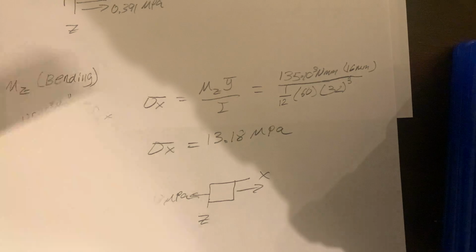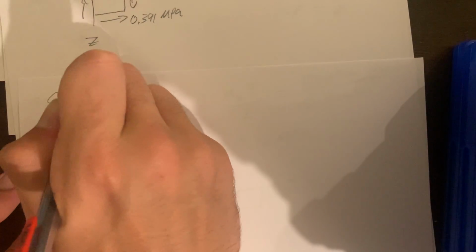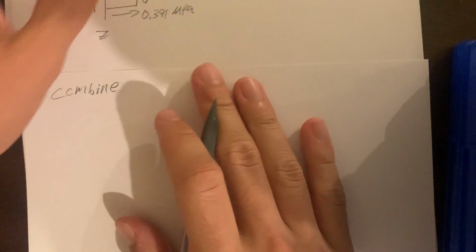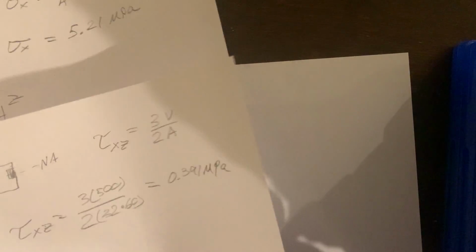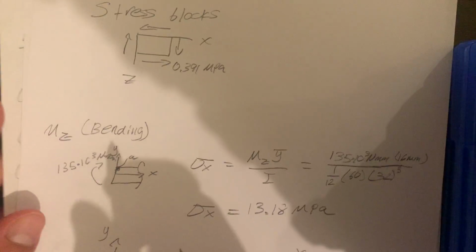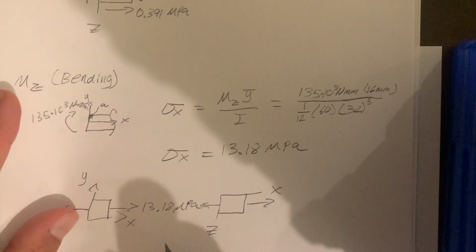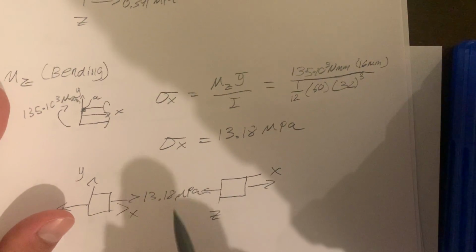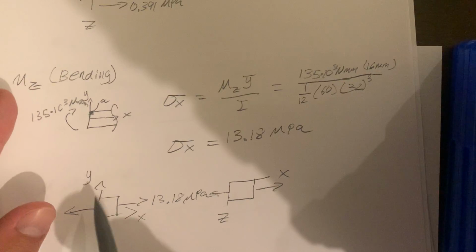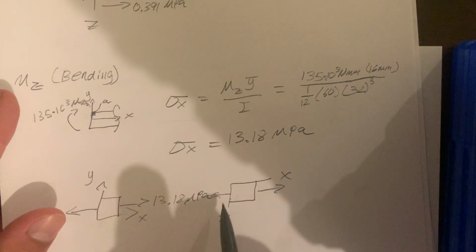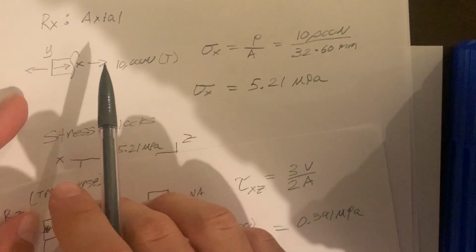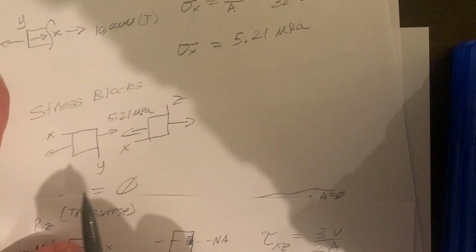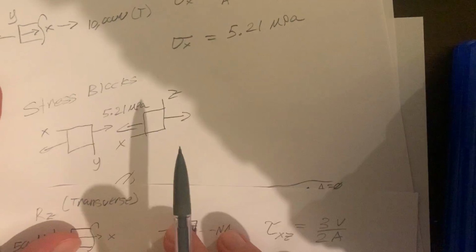So now we are going to combine everything. So combine. And basically to do that, we're gonna look at what we have and see which plane has the most amount of stresses and shear force acting on it. So over here we know it works in the y-axis and the zx axis of sigma x, but we also know Rx works in the XY and XZ axis.